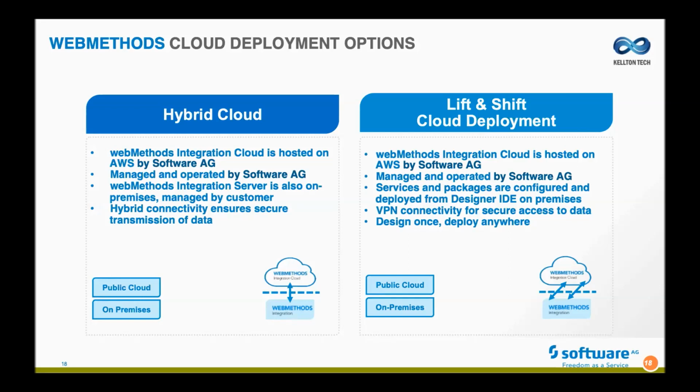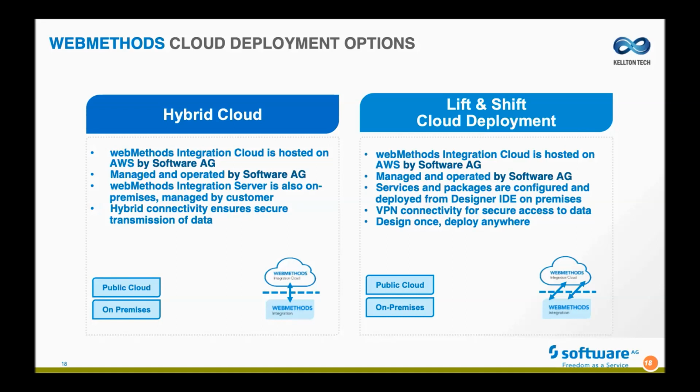The hybrid connectivity also ensures secure transmission of data. So there is an aspect of a VPN-based security established and connectivity established from AWS to your other IT sources and domains.